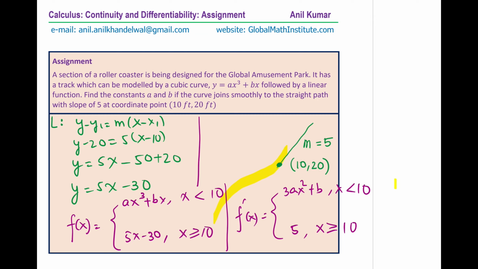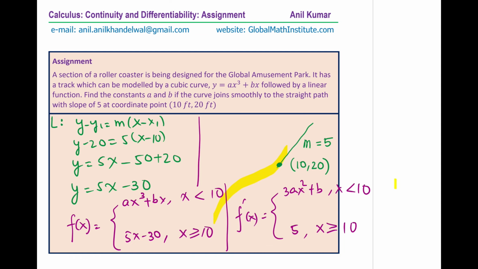So I hope this concept is absolutely clear. This is the difficult part, to understand how do we get these equations. Once you get to this, then it is what you did last time. Find the limit, equate, get one term a in terms of b. And the second one, again do the same thing for differentiability.